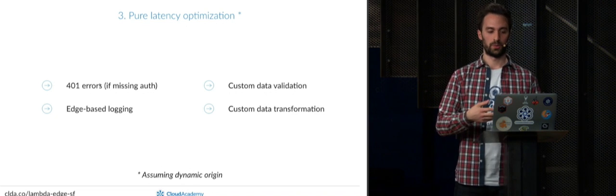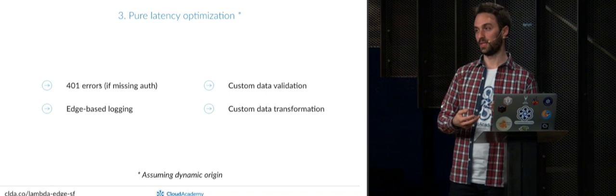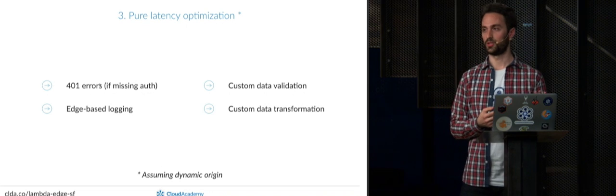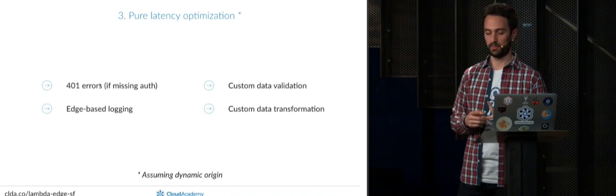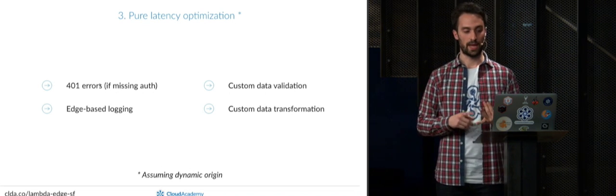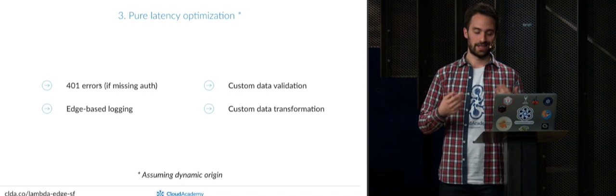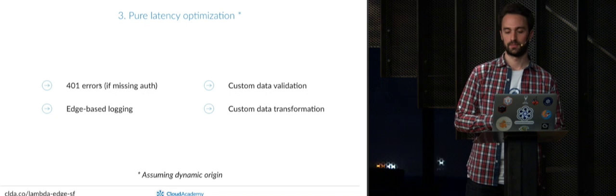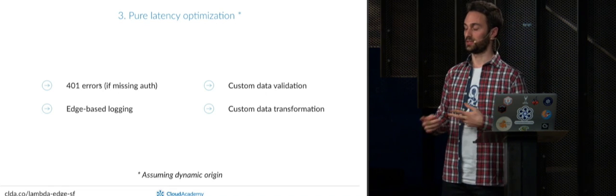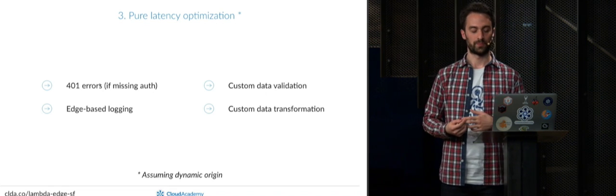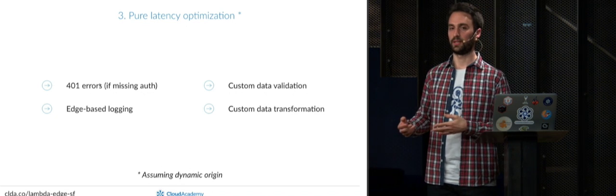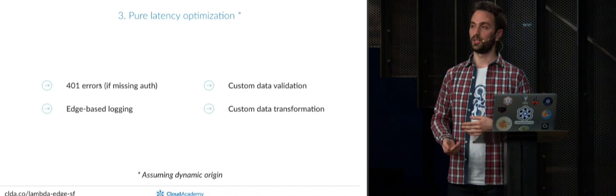And this means all those unauthenticated requests will not go all the way to the origin. So you have better load, smaller load, and much faster responses in those cases. And then any other kind of custom logic about validation or data transformation, well, you can do it at the edge. Imagine that you cannot change the origin.